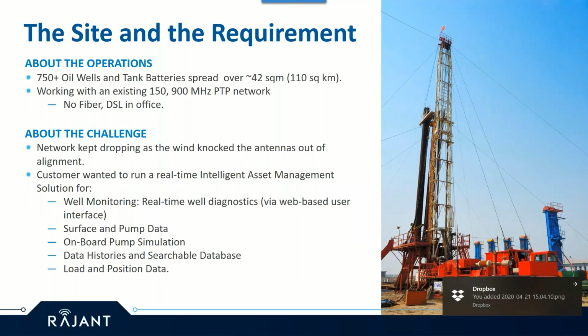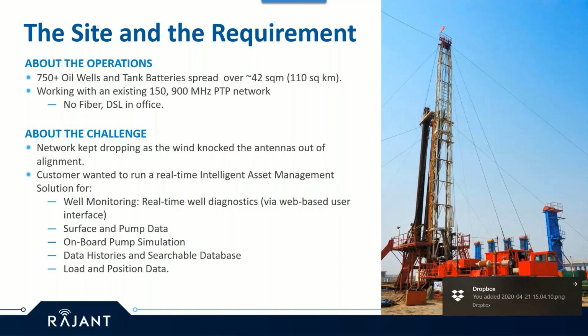I'm going to give you a fundamental example here of a production field. This could be a chemical plant. It could be a loading and unloading facility. But one of the things that we're looking at for this particular example is, how do we take a production field with roughly 700 wells, a tank battery spread out over 100 square kilometers or so, and how do you create a cohesive network within that?